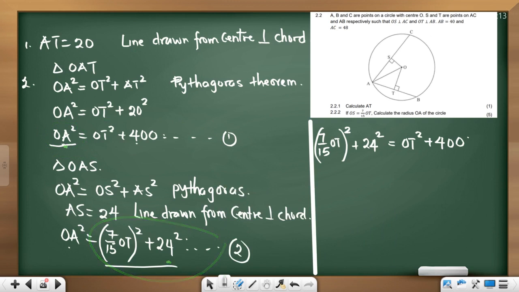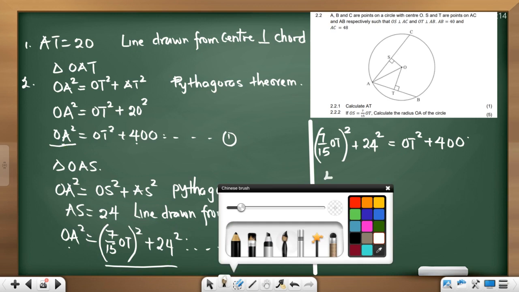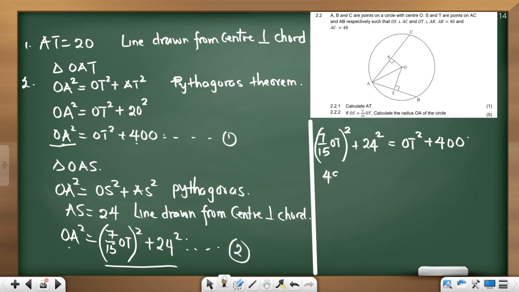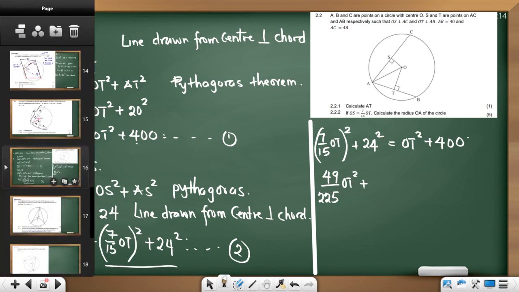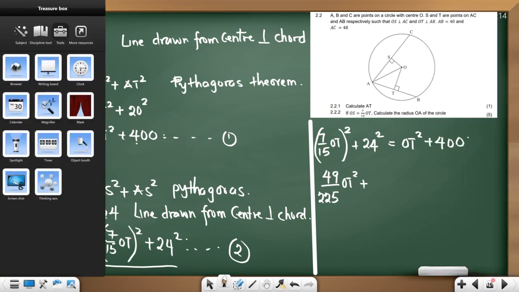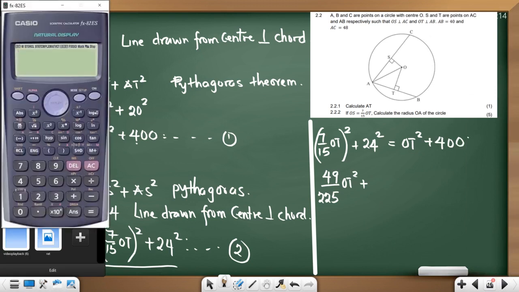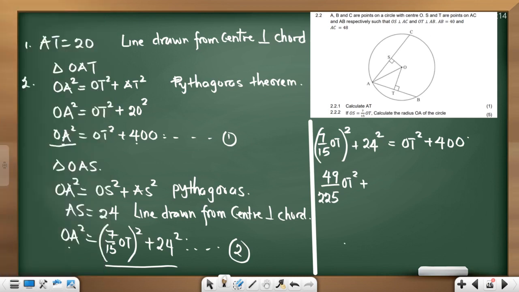We expand the whole thing. 7 squared times 7 squared will be 49, 49 over 225 OT squared. I hope that makes sense to you. We're just now doing algebra. Euclidean is actually done. What is my 24 squared? 576. Beautiful.